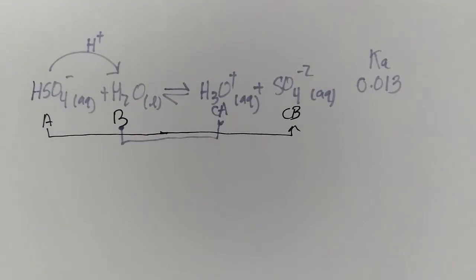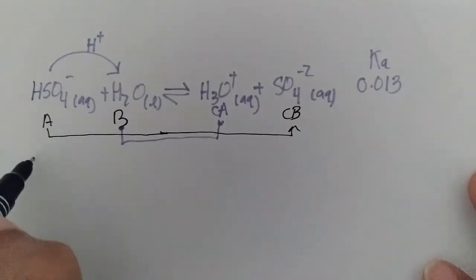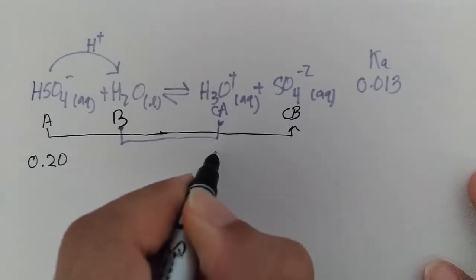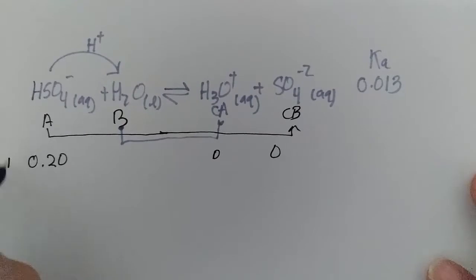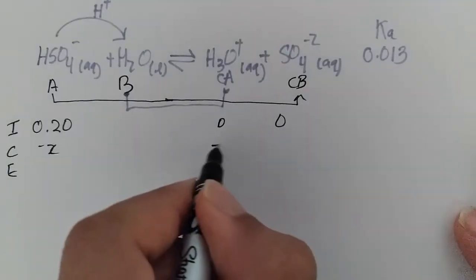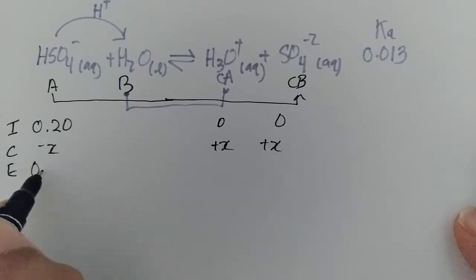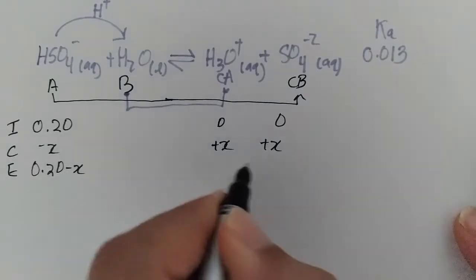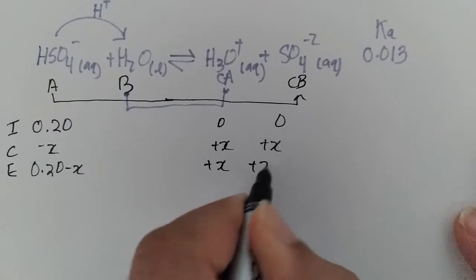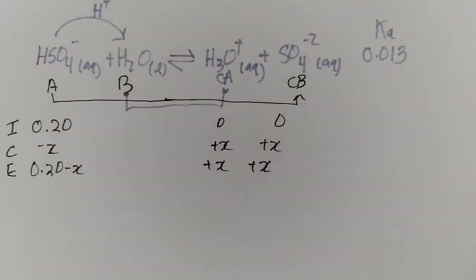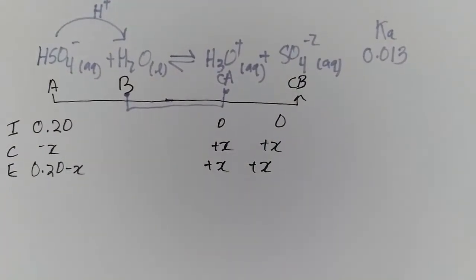They tell us in the problem that the concentration is 0.2 molar. Again, we're not concerning ourselves with the potassium ion because it's just a spectator ion. So here we have minus x, plus x, plus x. At equilibrium, this will be 0.2 minus x, plus x, and plus x. I'm a little concerned about the magnitude of that Ka. It's significantly large, so the low ionization assumption may fail.